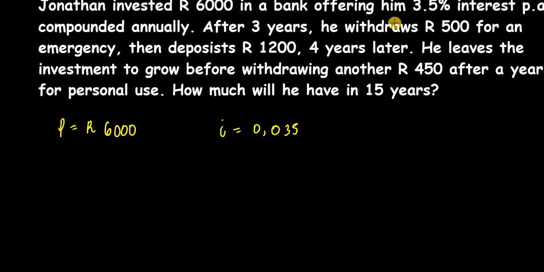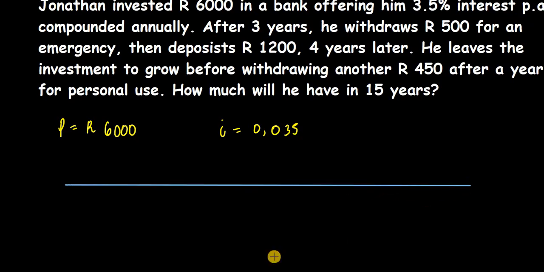Right. And then they said there are withdrawals, there are deposits, there is withdrawing again. Now, if you find yourself having that, you need to work with a timeline because it's going to be difficult to visualize this. So how do you then draw your timeline? Usually this is what I then do. First of all, I'm gonna check whether we are working in years or in months. It's quite important to distinguish between the two.